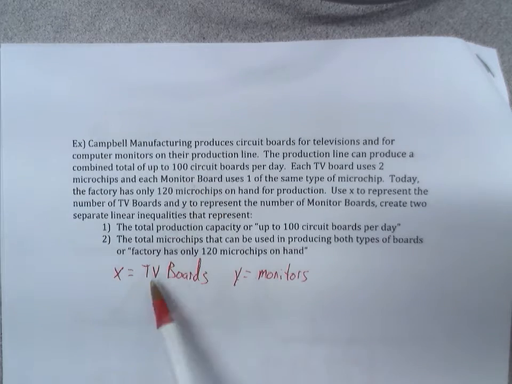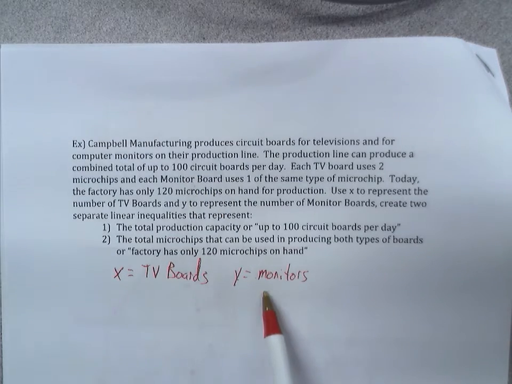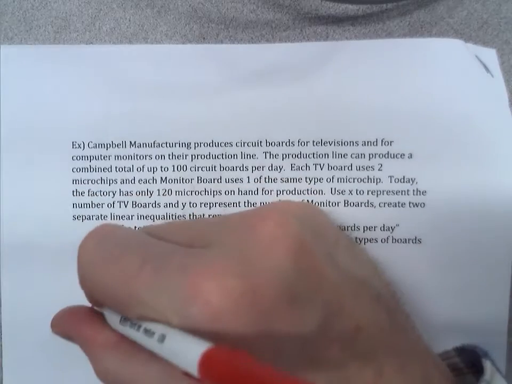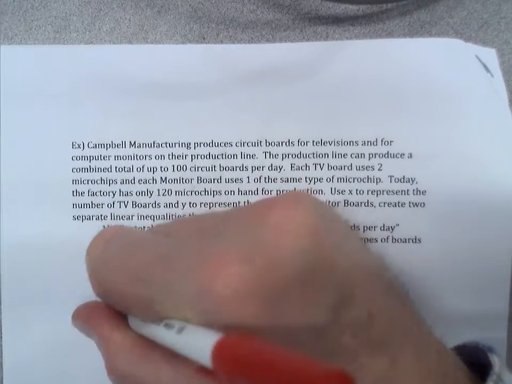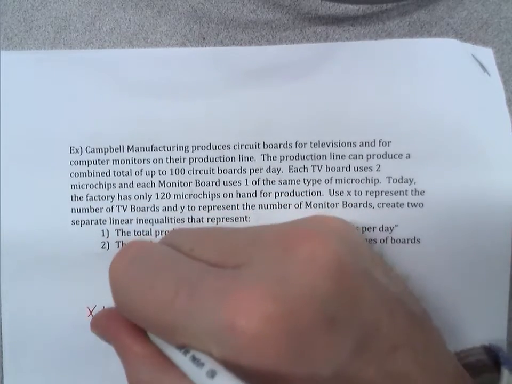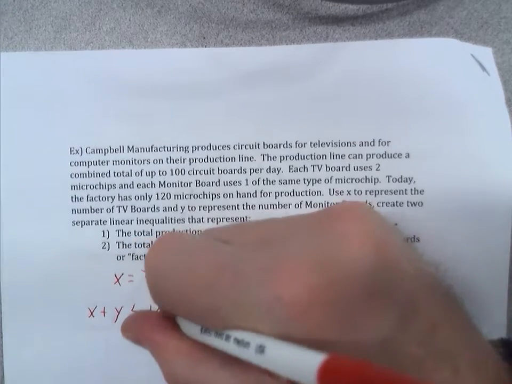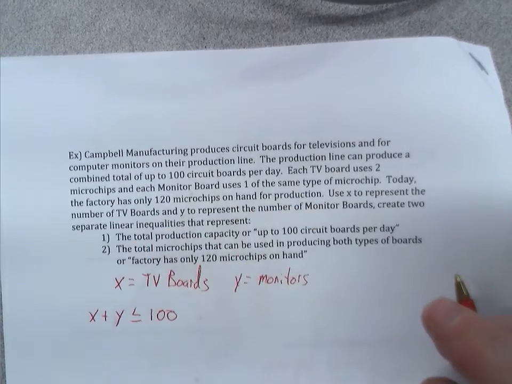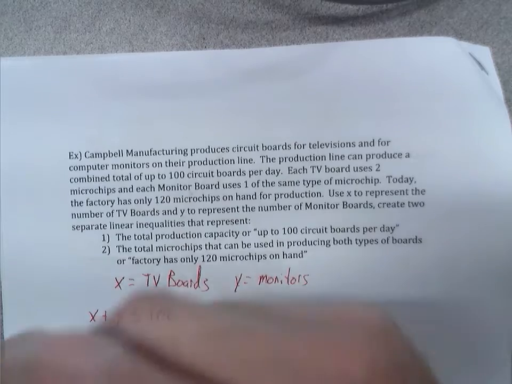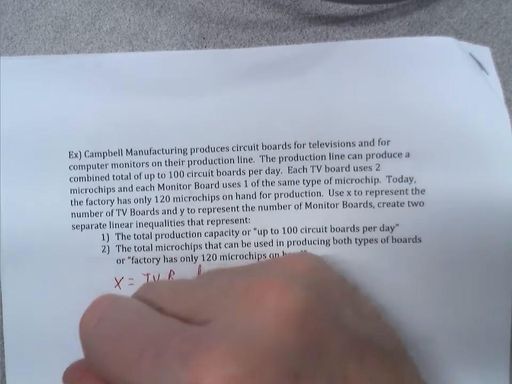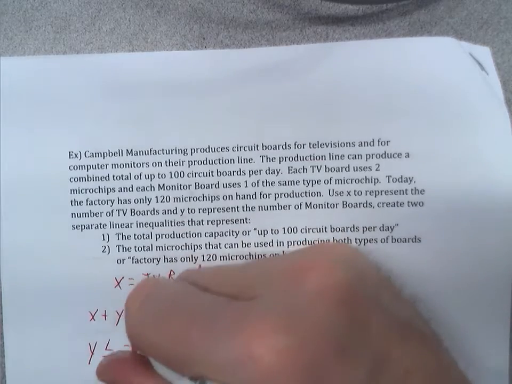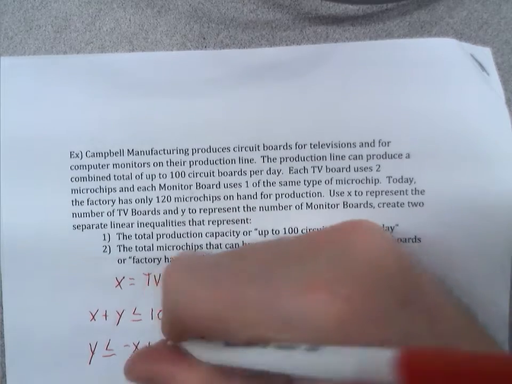Doesn't matter if it's a TV board or a monitor. So we know that X plus Y can be less than or equal to 100. Okay, that's as far as we can go. And so if we rearrange that, y is going to be less than or equal to negative x plus 100.